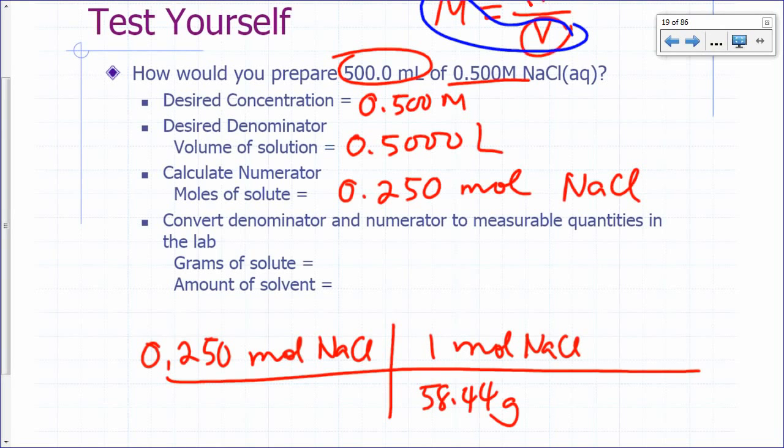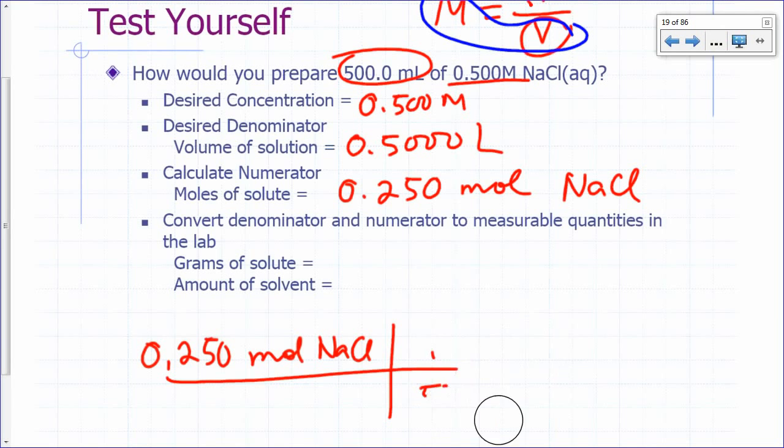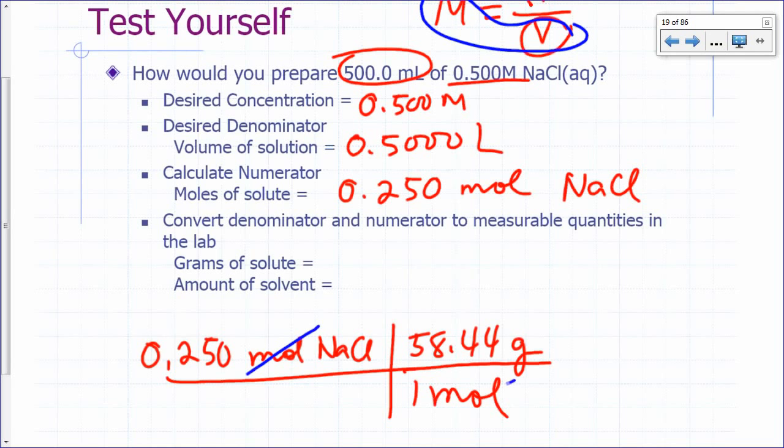That's the molar mass. Oops, wrong conversion. 58.44 grams for 1 mole, so moles cancel out. That gives you how much?